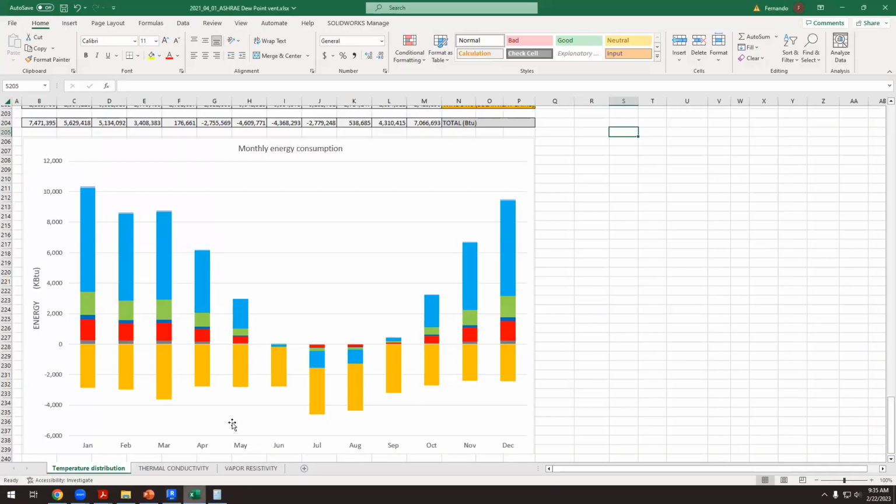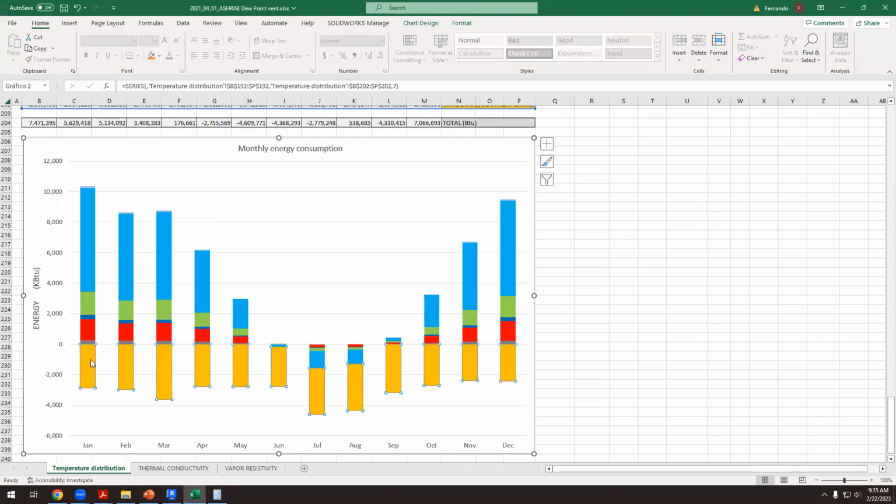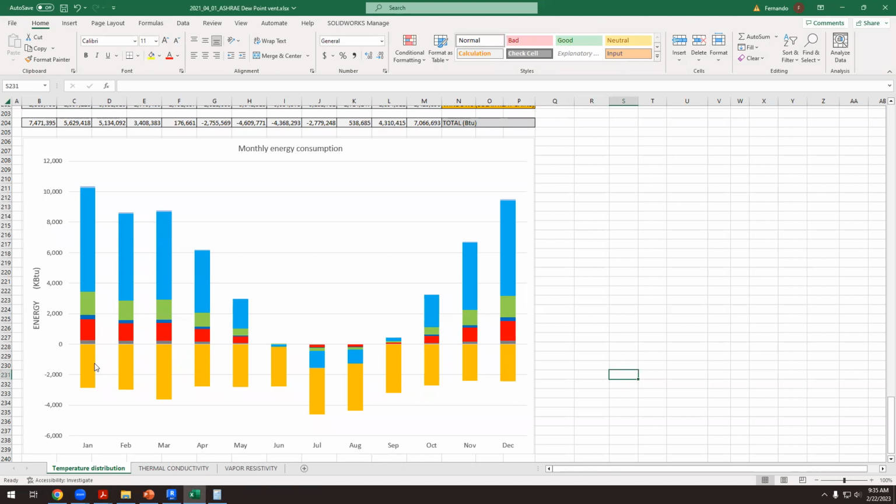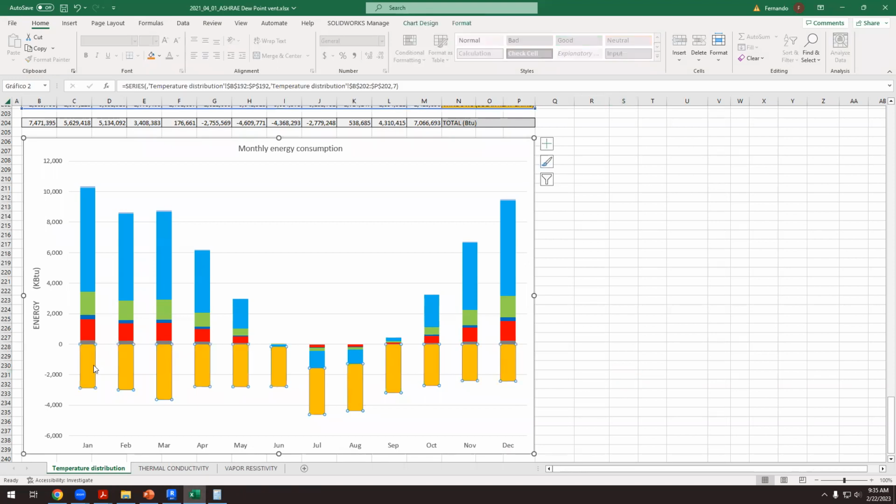But we do have solar gains. Today is cold, it's sunny, and we are having a lot of solar gains through the southern windows. So this is what this Excel file takes into account. And this is negative, okay? In this Excel file, positive is heating loads, and negative is cooling loads.